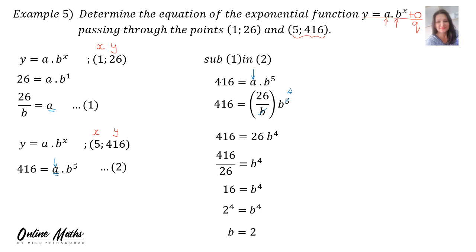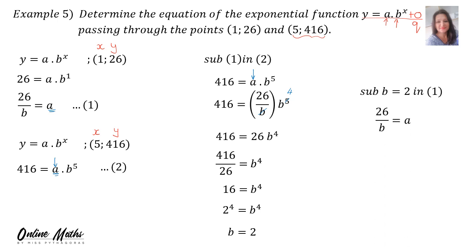And then I also want a's value, so then I said substitute b is equal to 2 in number 1. You can choose either number 1 or number 2, but number 2 looks complicated, so I just chose number 1. 26 over b is equal to a.